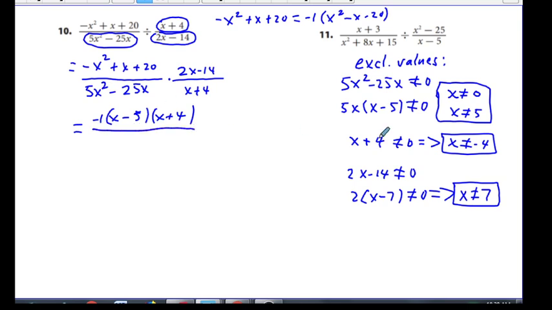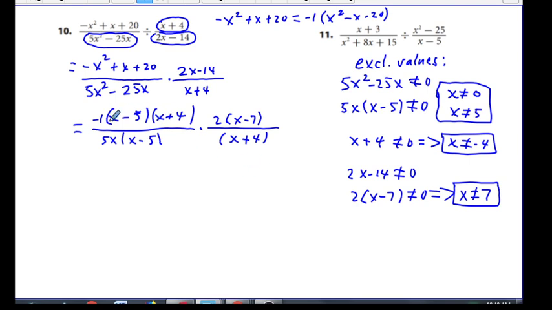And next we write this 5x squared minus 25x is 5x times x minus 5. And then we multiply by 2 times x minus 7 and divide by x plus 4. And then provided we did this right, we're going to be able to cancel some stuff out.